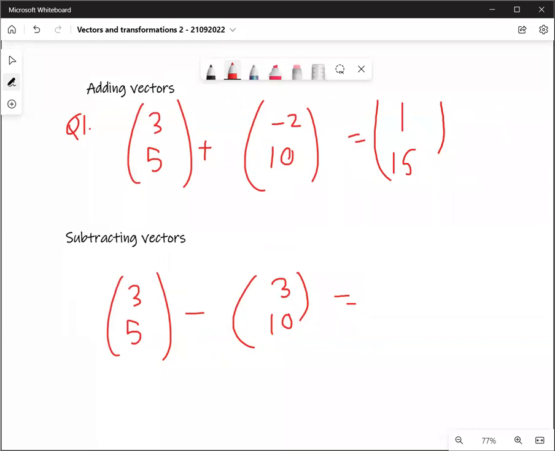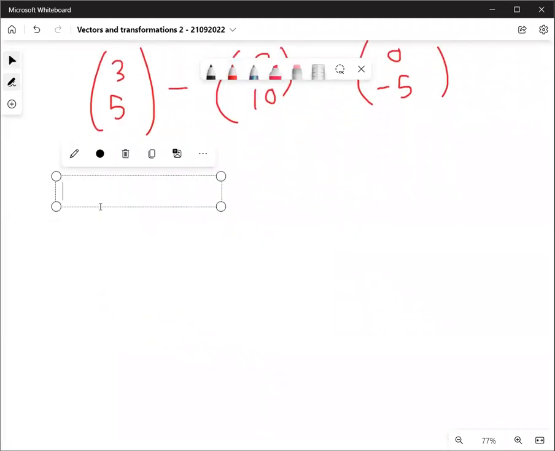Anas? So that's 0, okay. Minus 5. Right, minus 5. So this would be 0, minus 5. Done. Now we're looking at multiplying vectors with a constant.